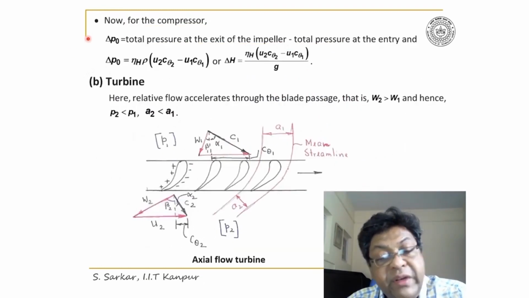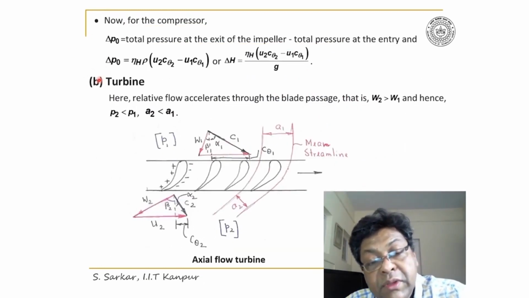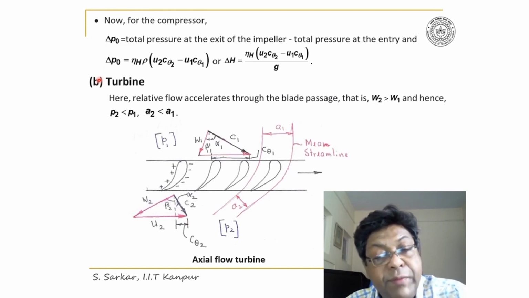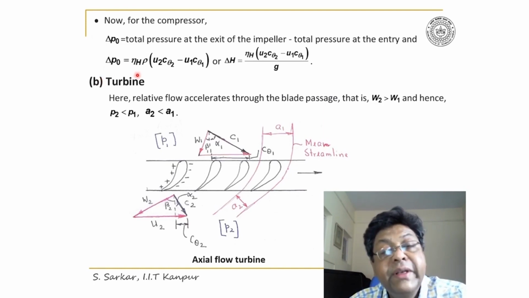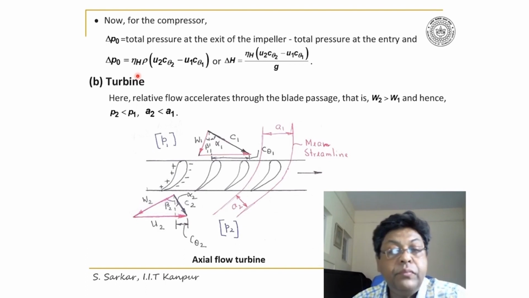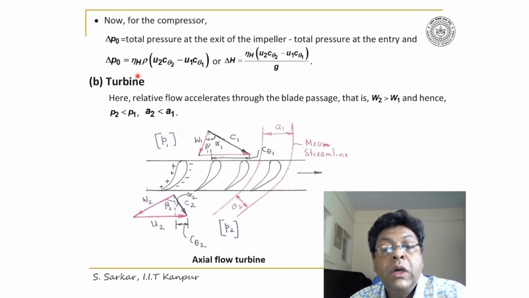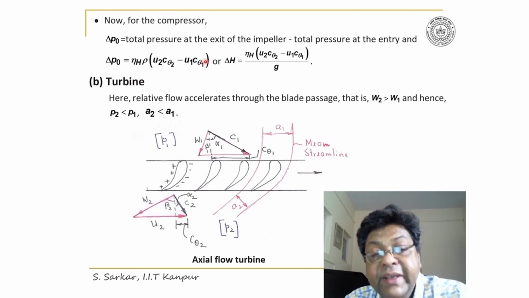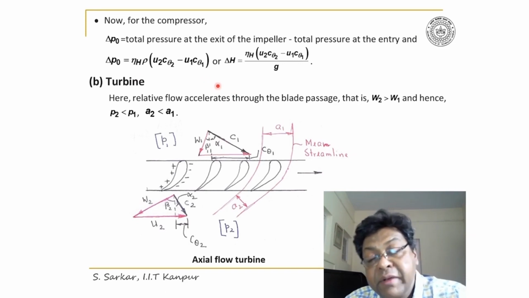Now for a compressor, del P0, considering an incompressible flow, can be given as eta H rho into U2 C theta 2 minus U1 C theta 1, or del H is equal to eta H into U2 C theta 2 minus U1 C theta 1 divided by g, where del H is the head rise per stage.